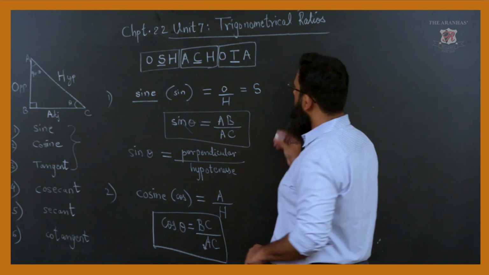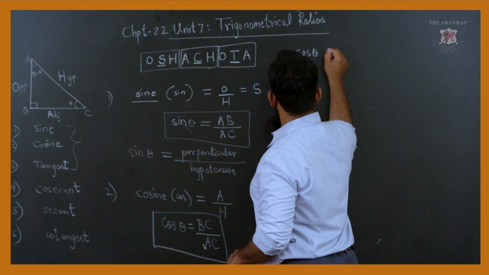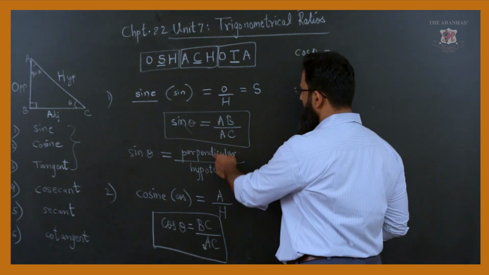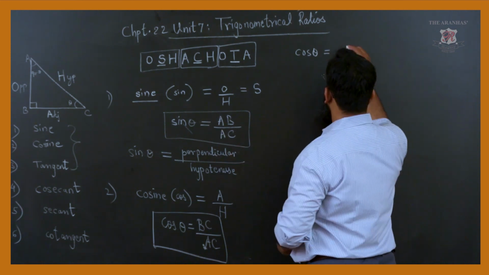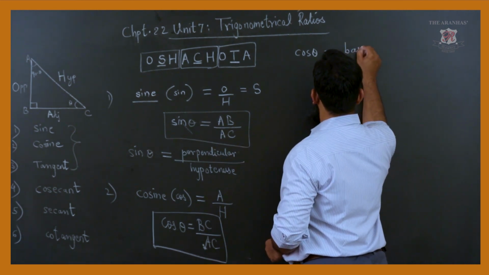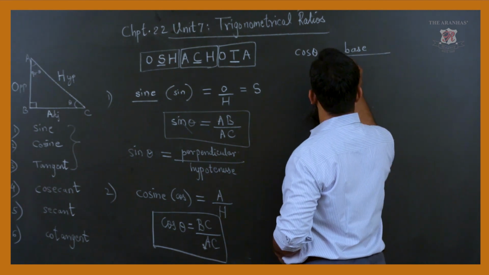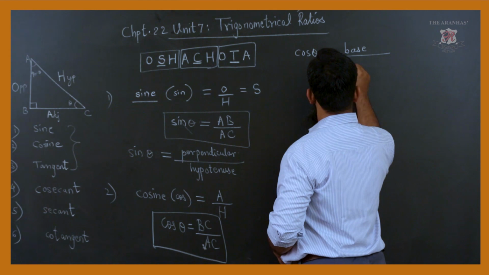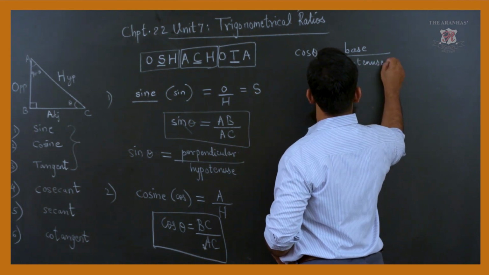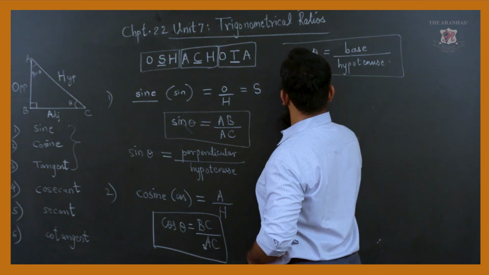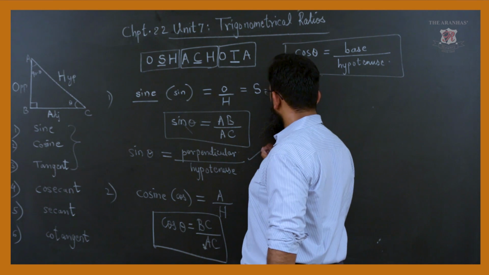So, this can be also written as cos theta is equal to, now BC we are calling it as base, that is the adjacent side, upon hypotenuse. So, this becomes the formula for cos theta, this becomes the formula for sin theta.